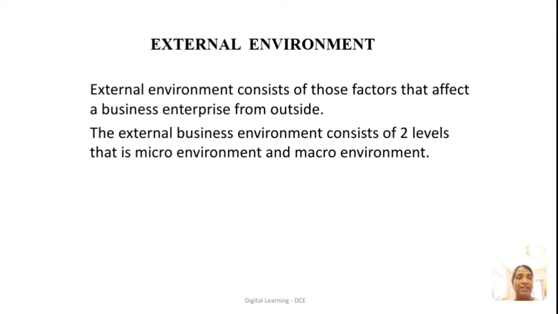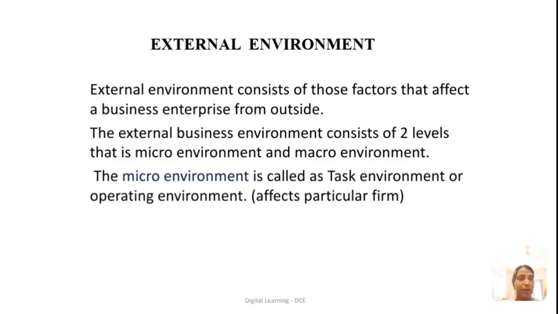So what is external environment? I have already explained to you. External environment consists of those factors that affect the business enterprise from outside. So there are two types of external environment. One is micro environment, another one is macro environment.